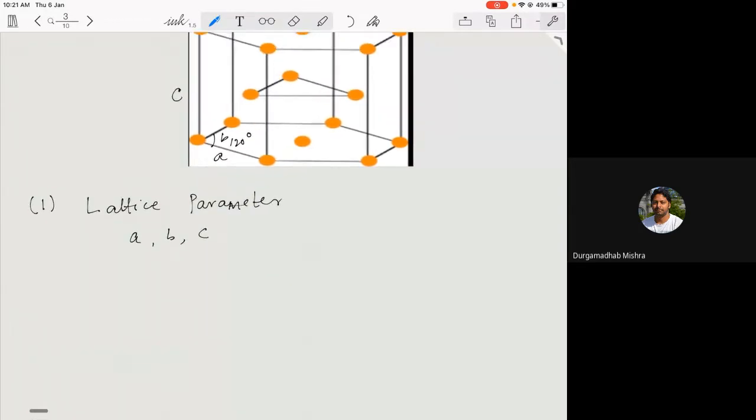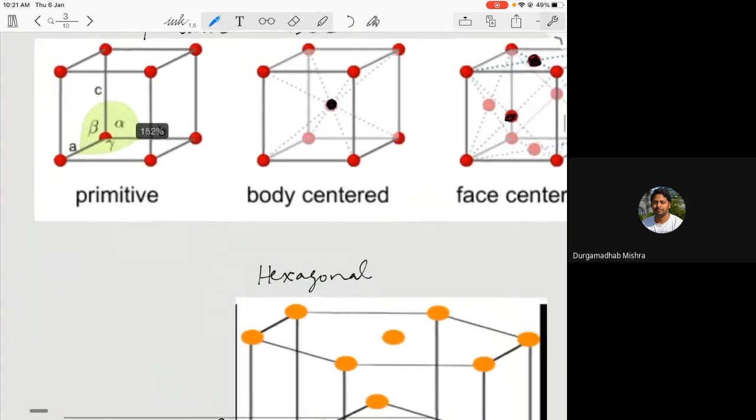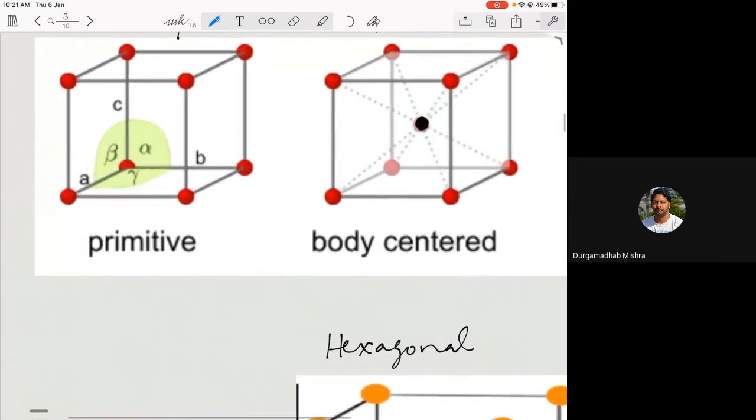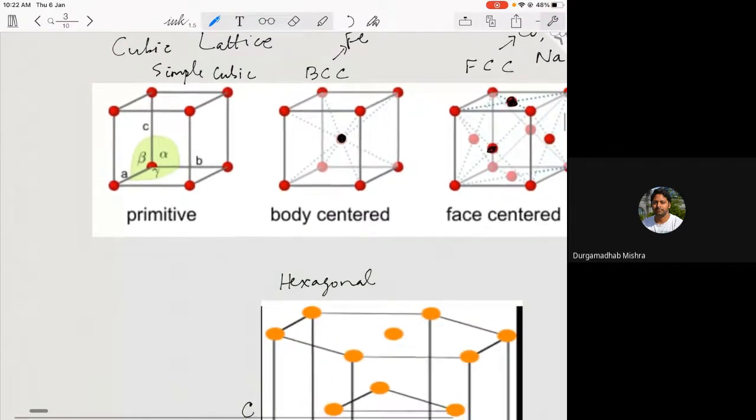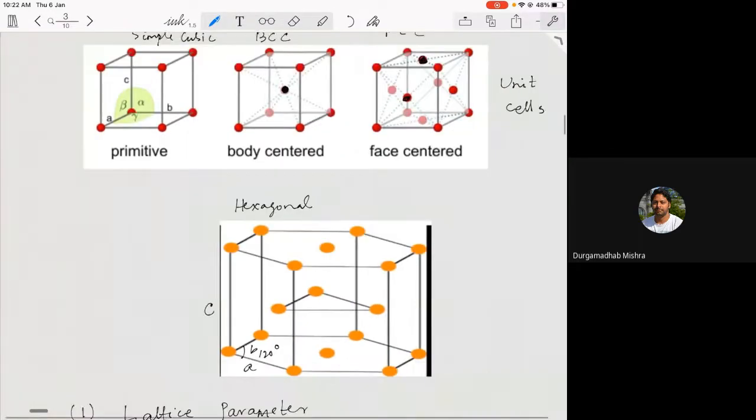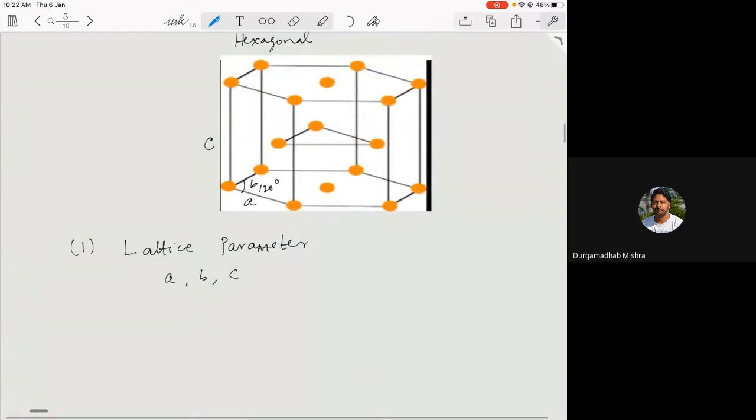If you look at this picture here, you have A, B, and C, which define the lattice parameter, and then you have angles alpha, beta, and gamma. This is the first thing you observe, and it will give a distinction between different unit cells or different lattices.